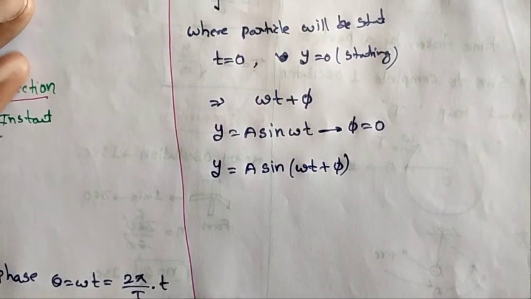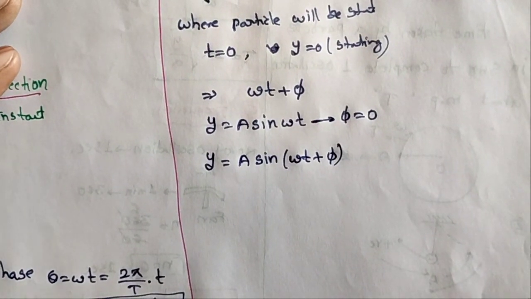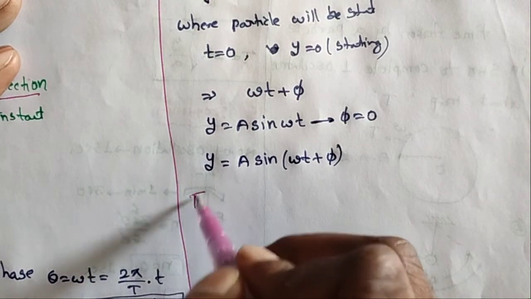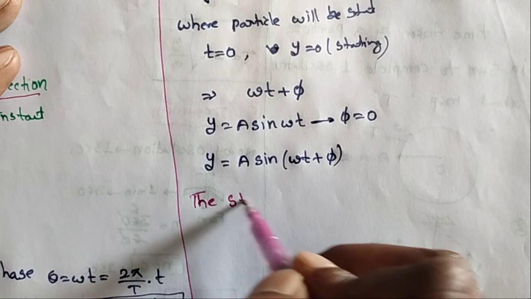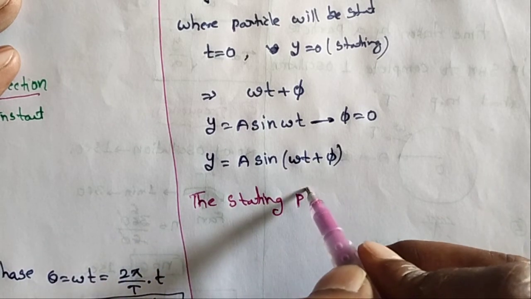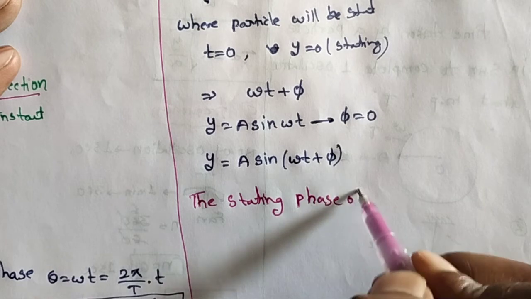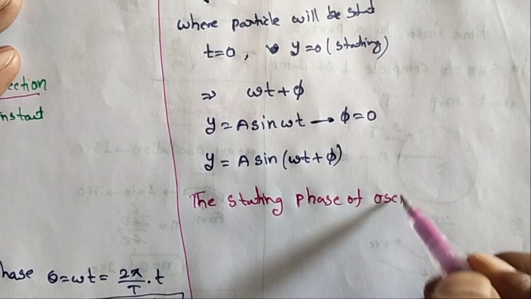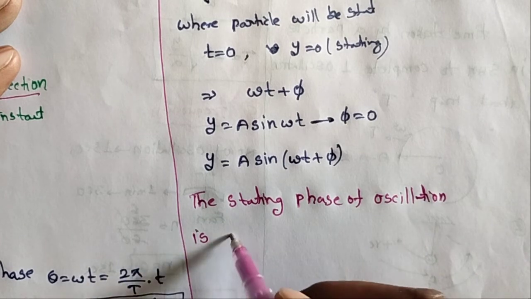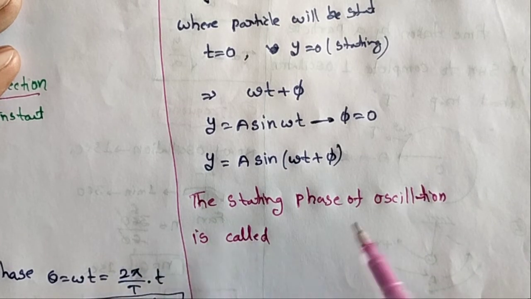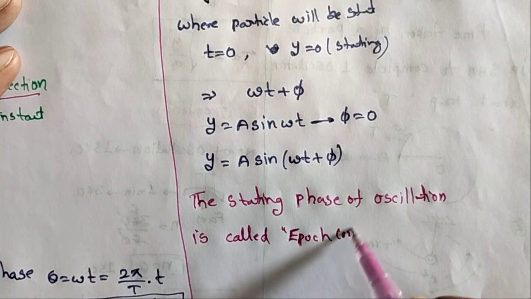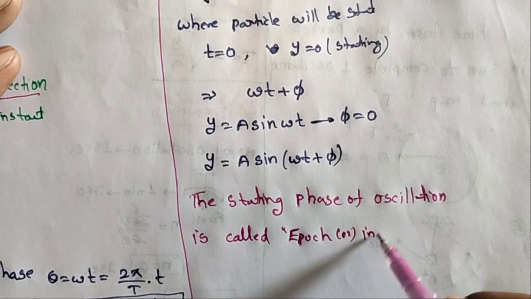Here, what is the exact definition of the epoch? The starting phase of oscillation. Definition: the starting phase of oscillation is called epoch, or initial phase.